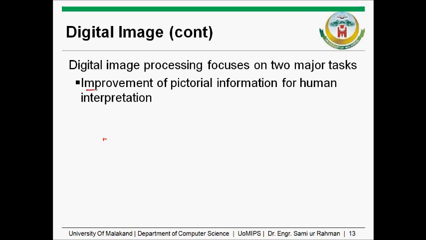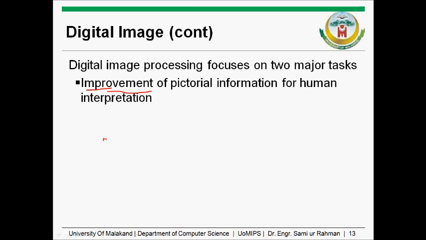The first is improvement of images. When you take images, usually they are not of good quality and you want to improve the quality. This is one of the basic exercises in image processing. Now the question is why we have bad images.